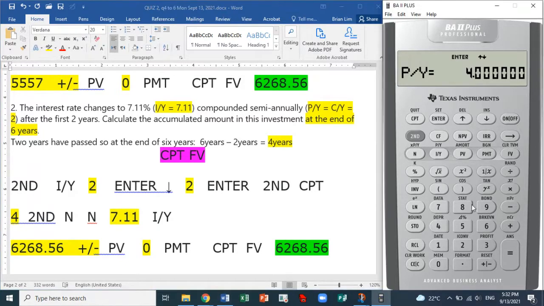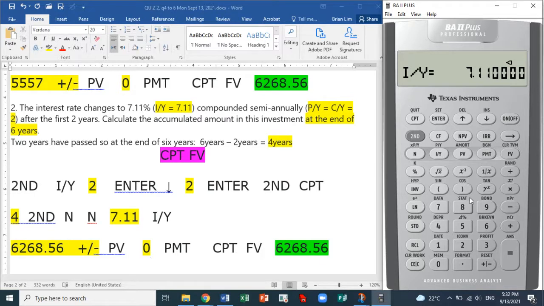So second IY, now this becomes 2, enter, and we go down, we go 2, enter, second CPT. So we finished there. Now it's 4 years. So 4, second, enter, N. So N is equal to 8. All right, the interest rate now is 7.11. So that's the interest rate.